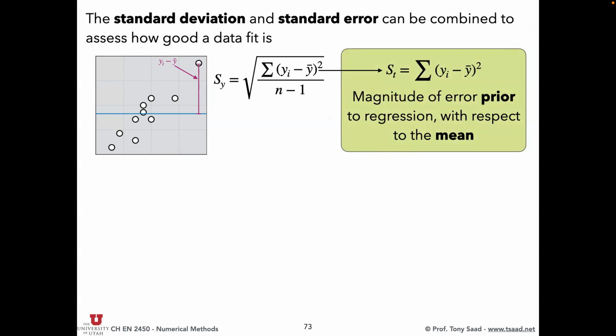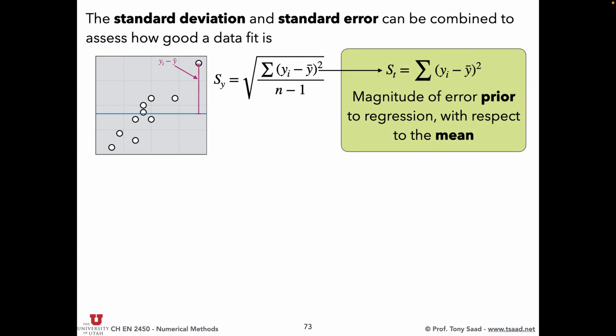You can't. You always have to measure it with respect to something worse or better. So because the mean is the simplest statistic, we always take that as our gold standard.